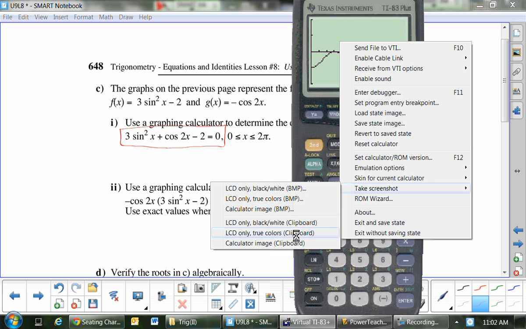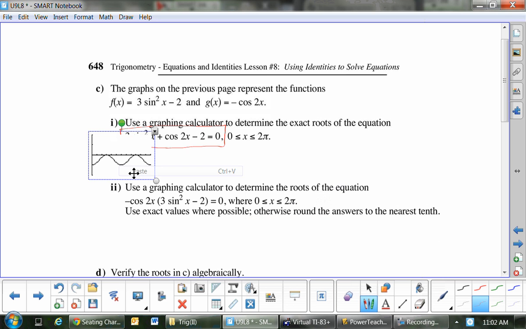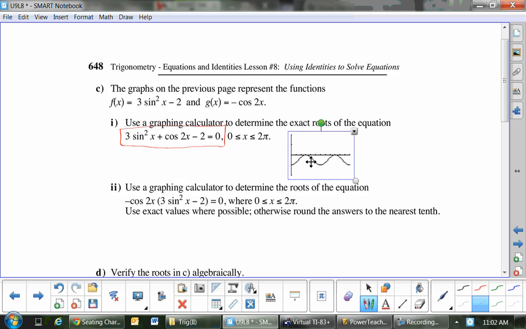Okay, so you want to just take a rough sketch of that and get it down. And we will say our answers are 3 pi over 6, which is pi over 2, and 9 pi over 6, which is 3 pi over 2.